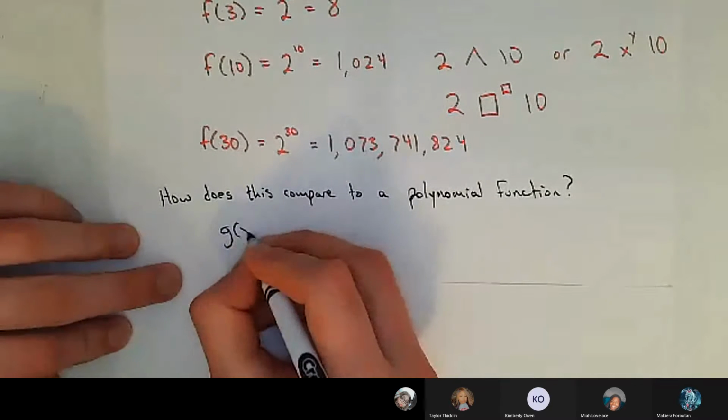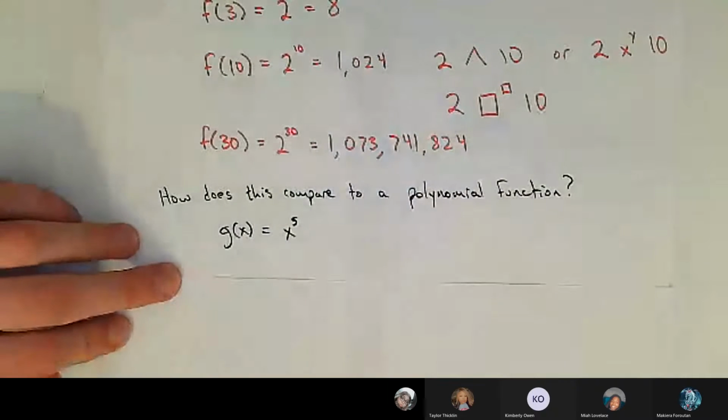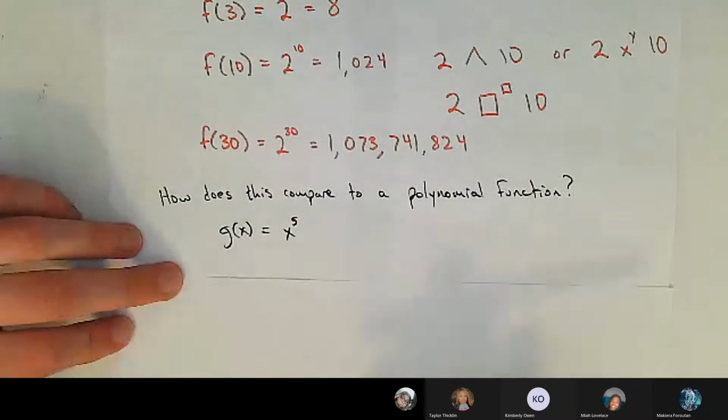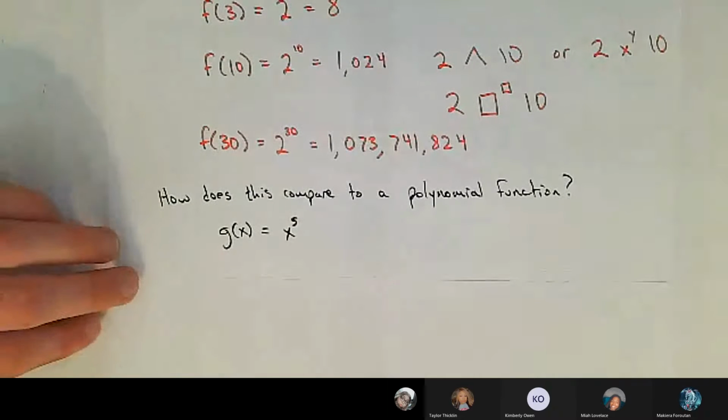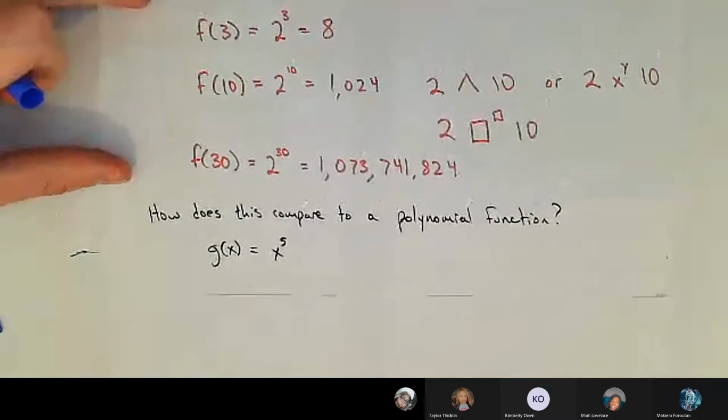So let's let g of x, just to keep things easy, be x to the 5th. Okay, let's evaluate this and see how it compares to the exponential function.